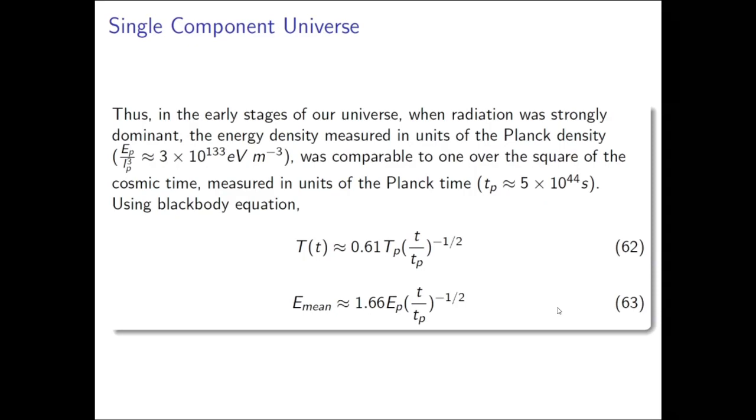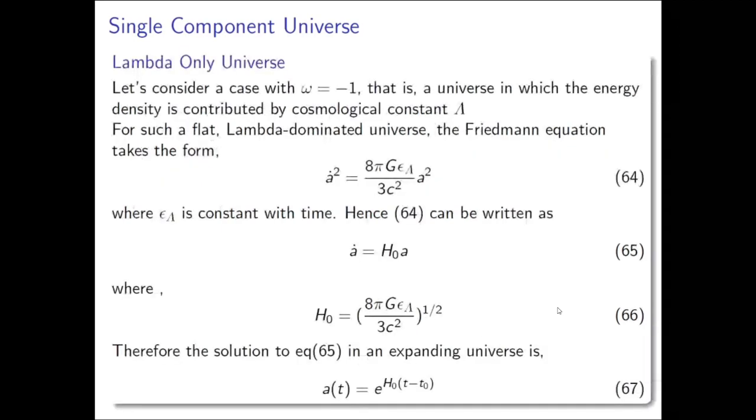This result can be made better by assuming the energy to be quantized and not continuous throughout. That is one of the concepts that you have to apply if we want to get a proper understanding of a radiation-only universe. So that is about the radiation-only universe.